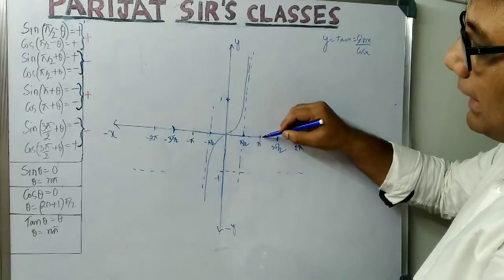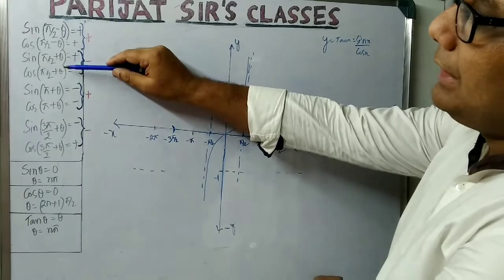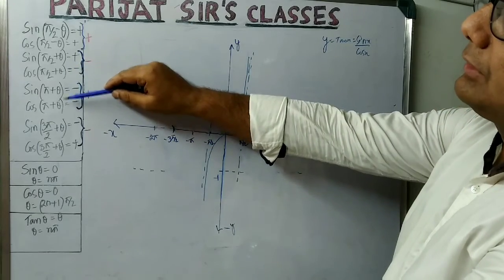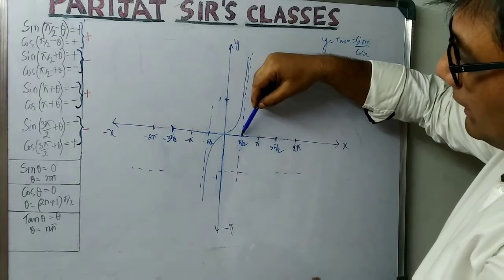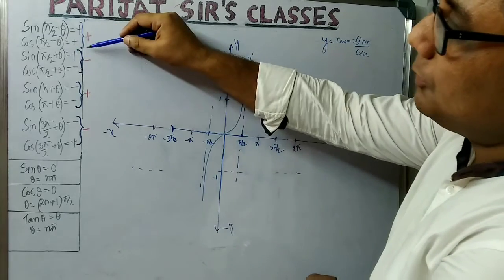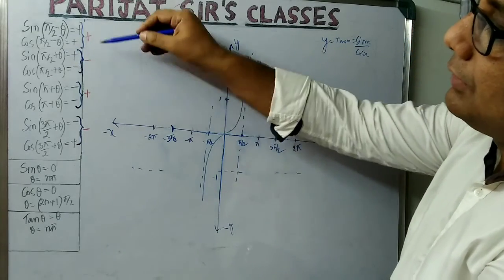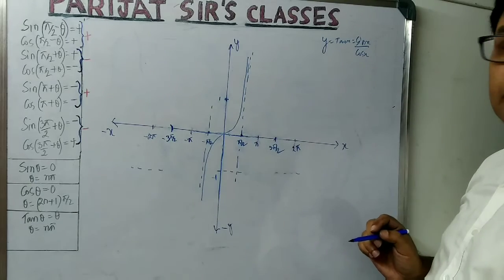Similarly, if I take π plus θ and π minus θ, watch here, it is π/2 plus θ. If I take π/2 plus θ, sine is positive, cos is negative, so the answer is negative.